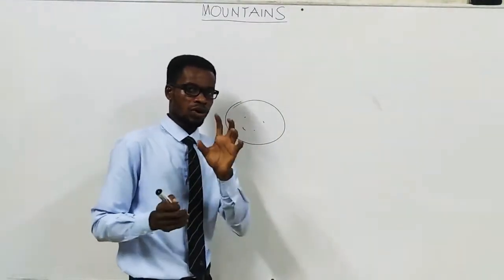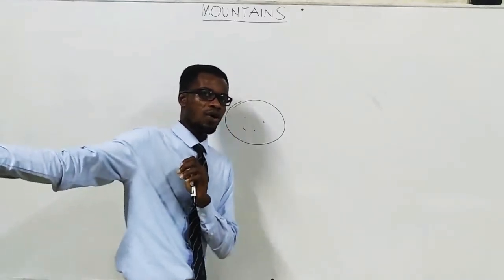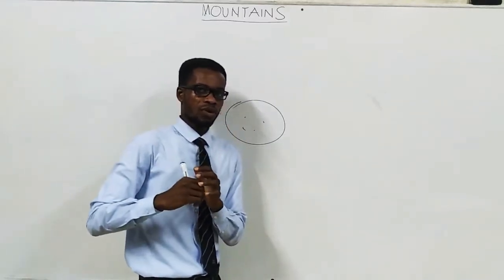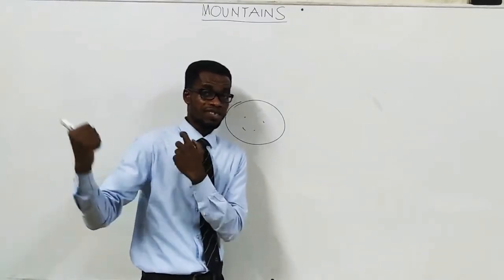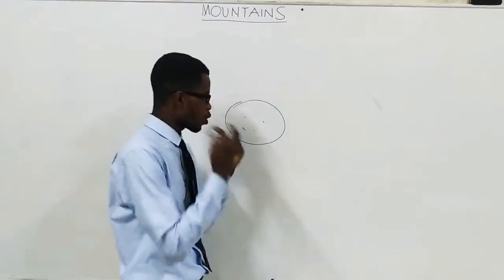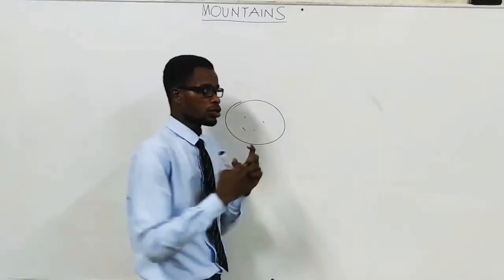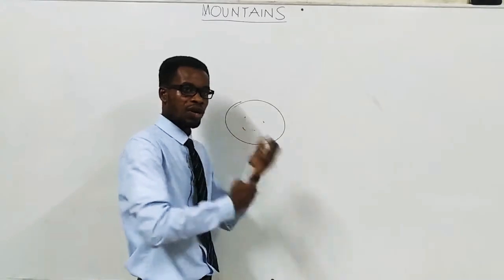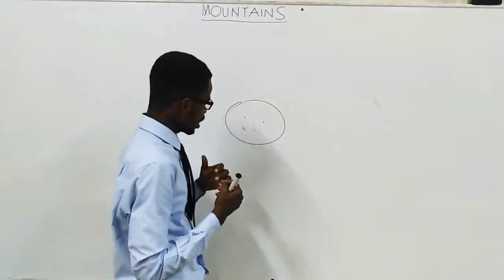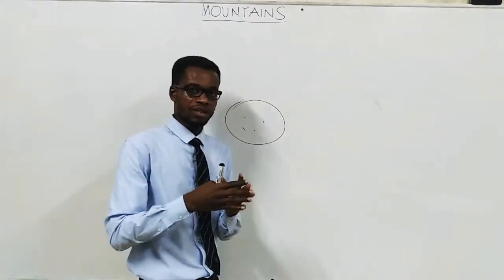Take note also that the heat we are receiving from the sun, or the sun's energy alone, is another power that causes these layers to undergo what we call tectonic movement.